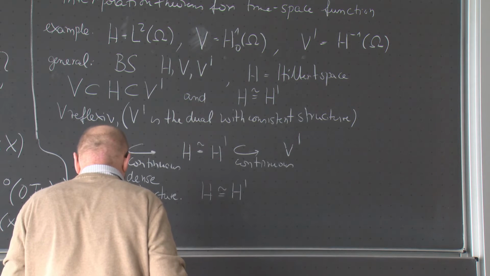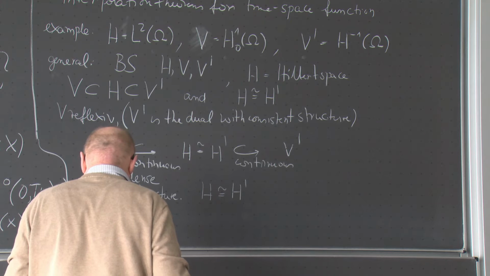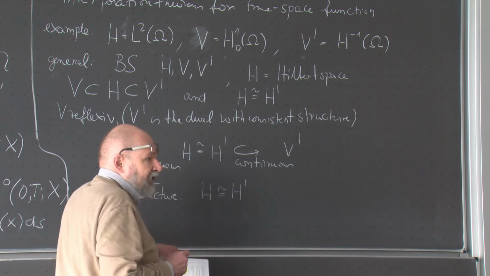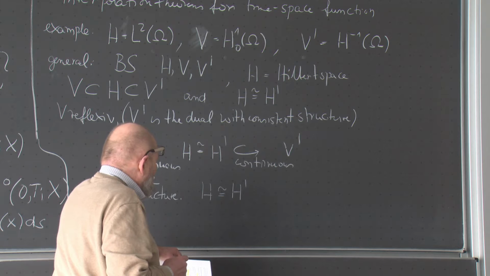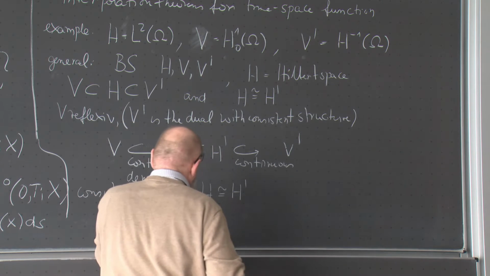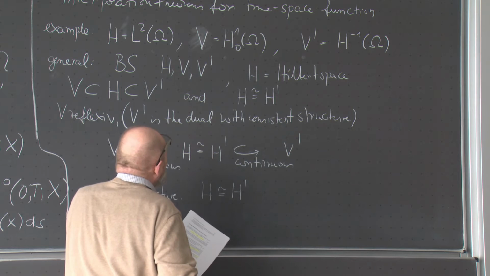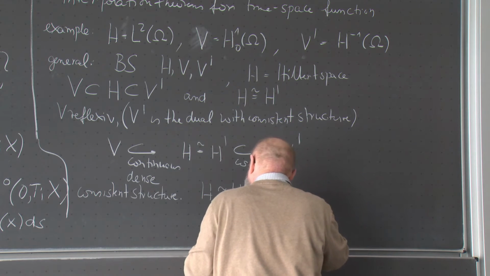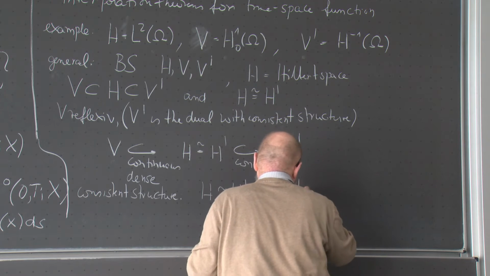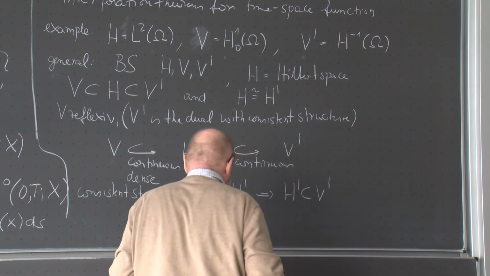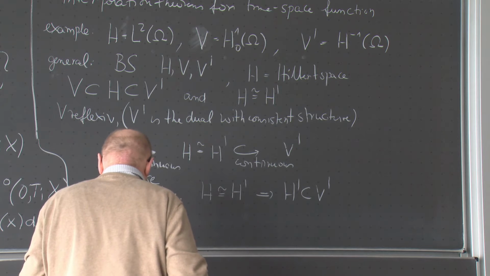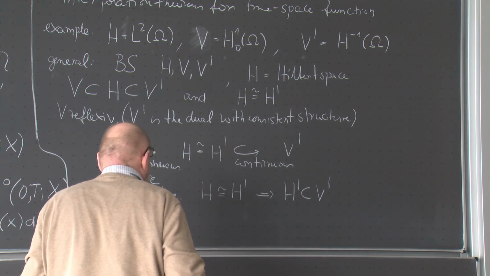And then, as a consequence of this identification, we have also an inclusion of the dual space, H prime in V prime, and on the other hand, we also have the canonical embedding.